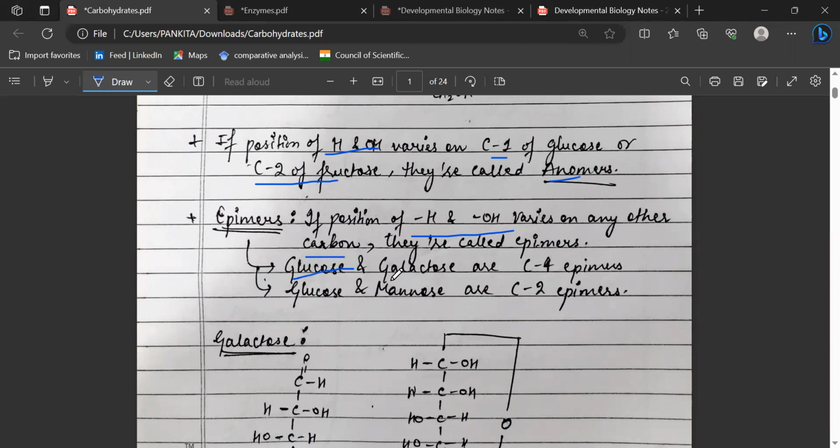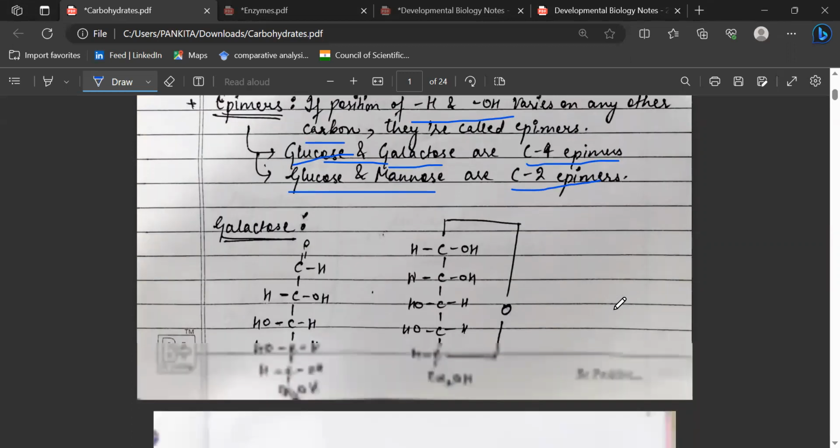So glucose and galactose are C4 epimers, which means the H and OH group on glucose and galactose are different at carbon number 4, and other than that every structure is the same. And then the second example of epimers is glucose and mannose, wherein carbon number 2 has a different position of H and OH. The rest of the structure is the same.